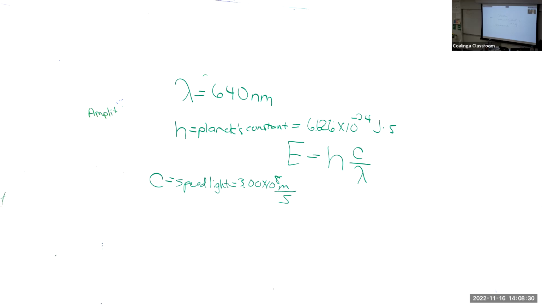Okay, so this is in meters, and that's in nanometers. First thing I want to do is what? Convert. Okay, so how do I convert nanometers to meters?